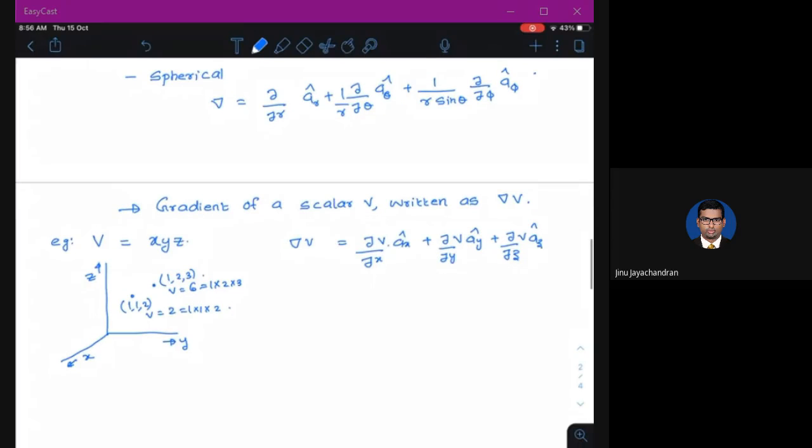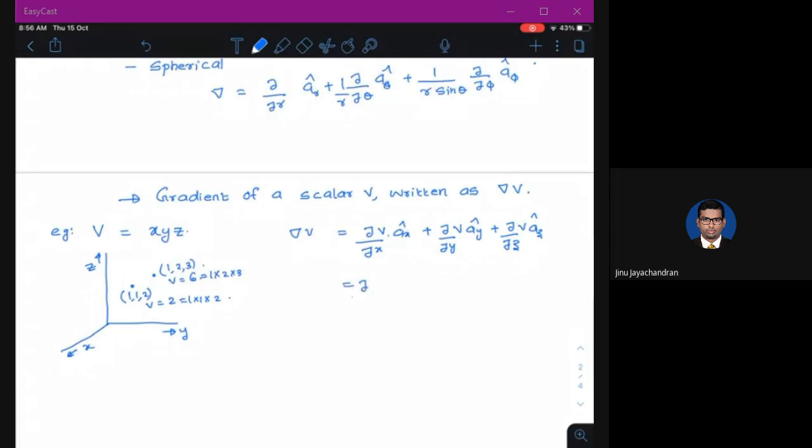Now let's substitute the value of v. So this is dou by dou x of x y z ax cap plus dou by dou y of x y z ay cap plus dou by dou z of x y z az cap.